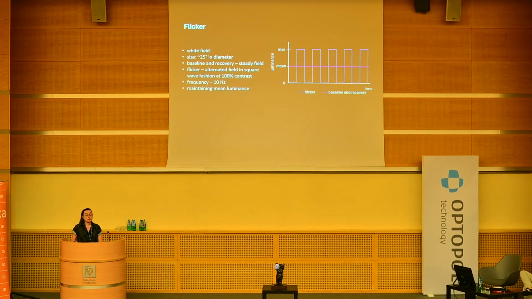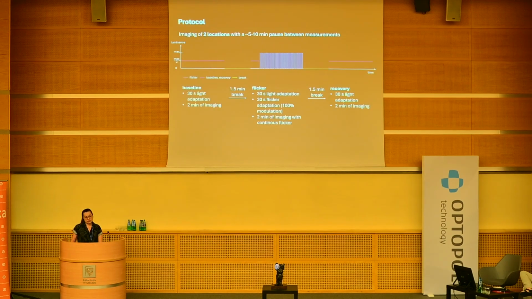In this study, we used wide full-field flicker that maintained the mean luminance within each stage of the experiment. During the baseline and recovery parts of the experiment, the field was steady, while in the flicker part, the field alternated in a square wave fashion at 100% contrast with 10 Hz frequency.